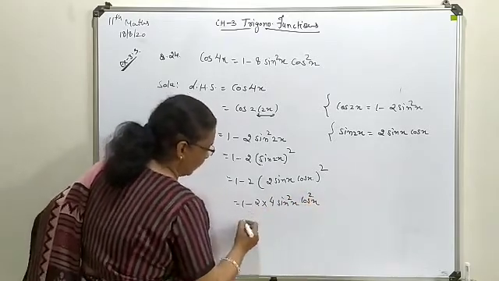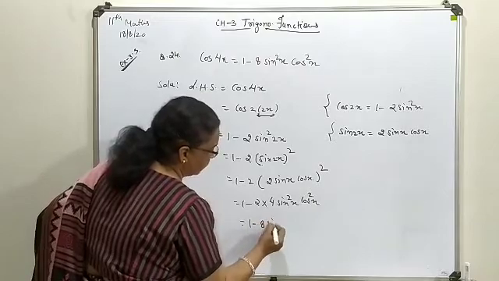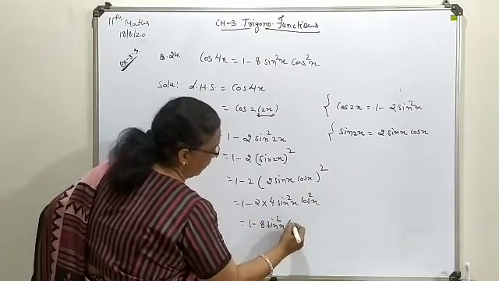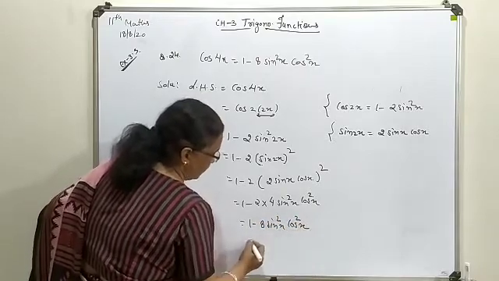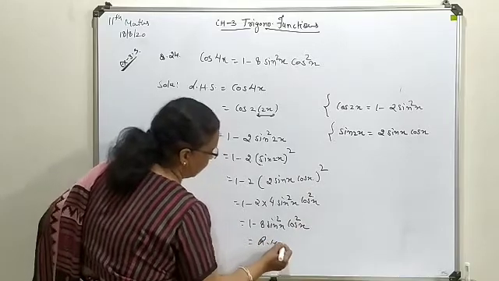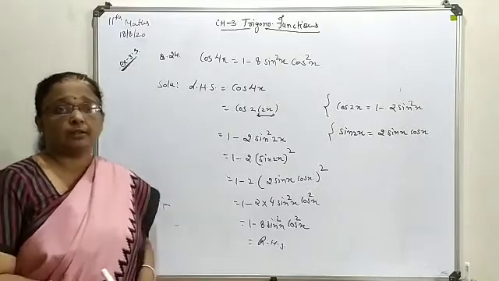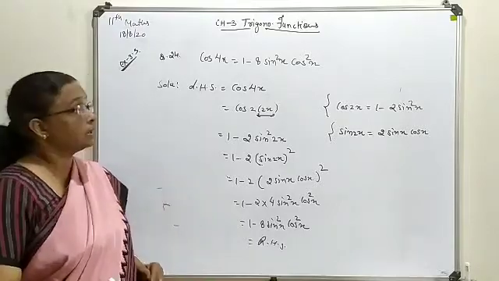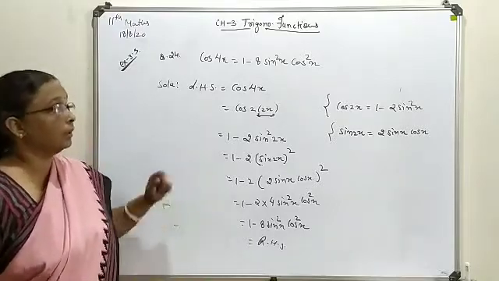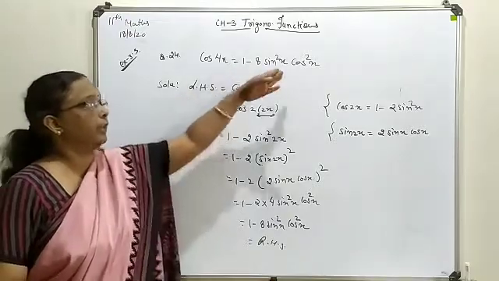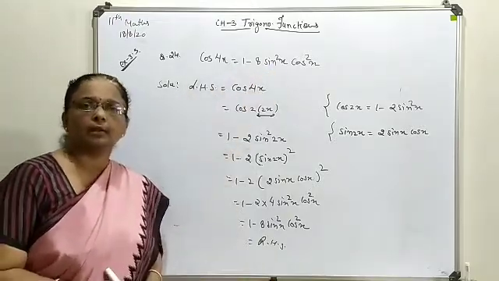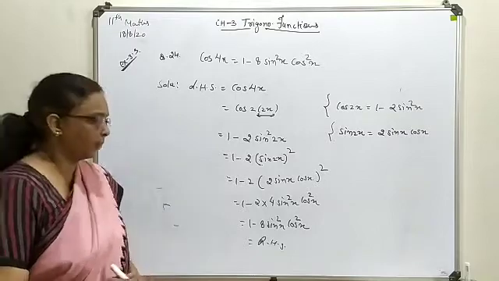Make them multiply. 1 minus 8 sin square x cos square x. So this is your right hand side relation. So this way one term you can convert in terms of another. Suppose in this case, if it is some term and minus 1, then the cos formula you can use over there.